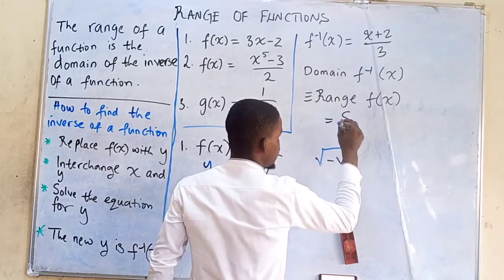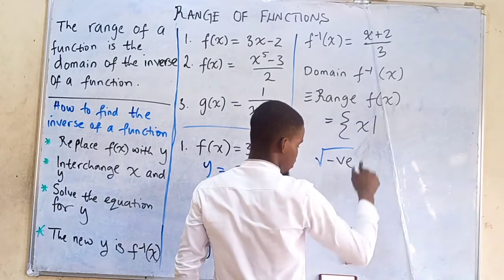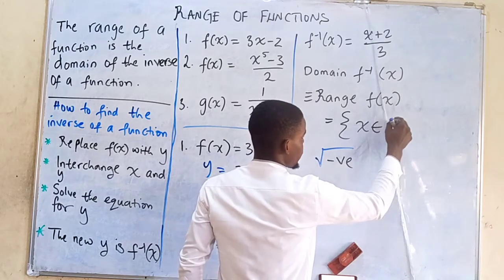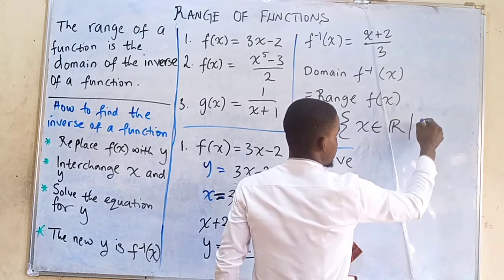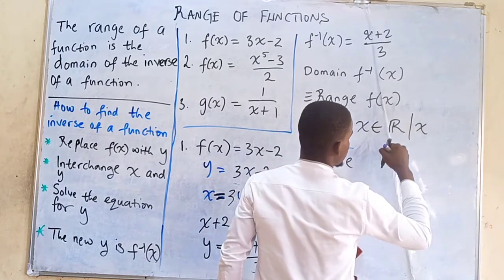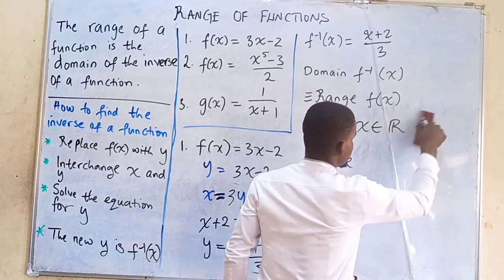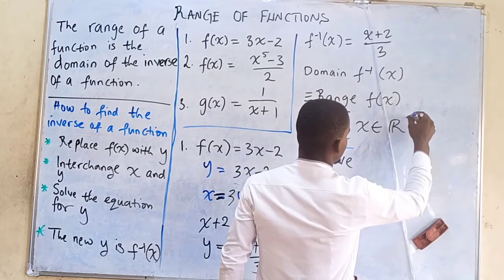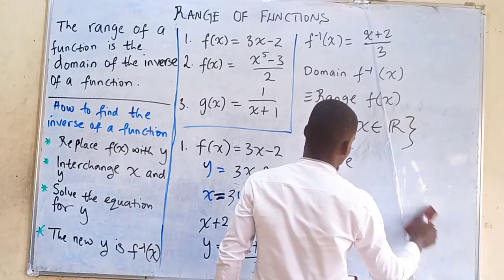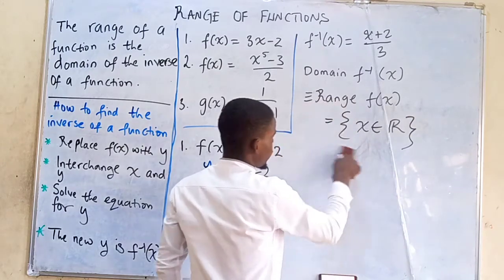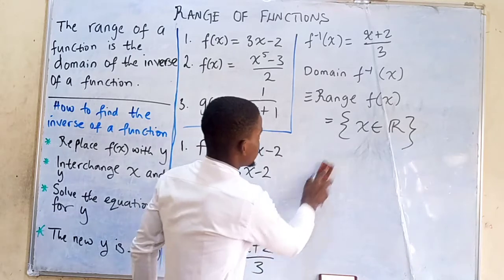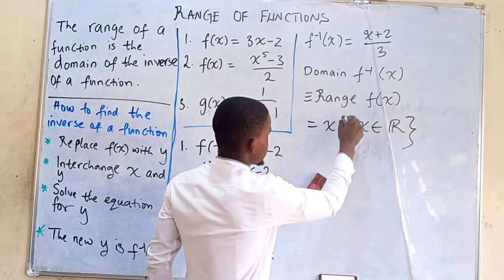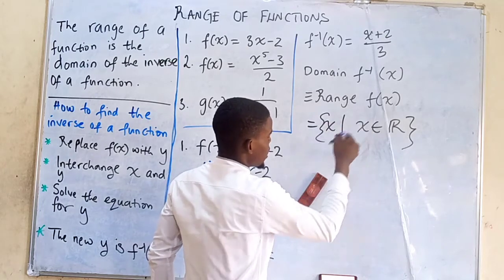It's going to be a set containing all real numbers, alright? Alright, maybe let me make the notation a little bit better. You can say it's containing all real numbers x such that x is in R.